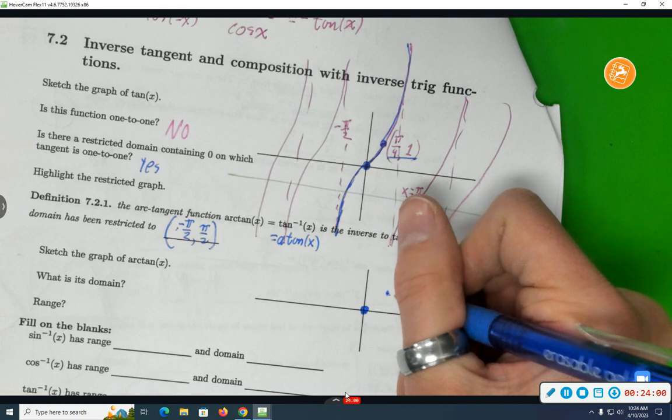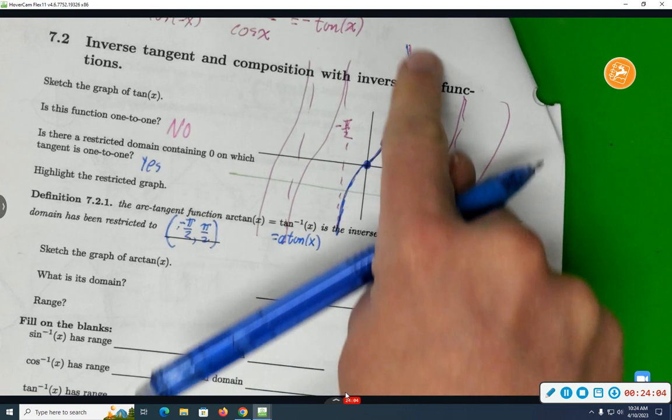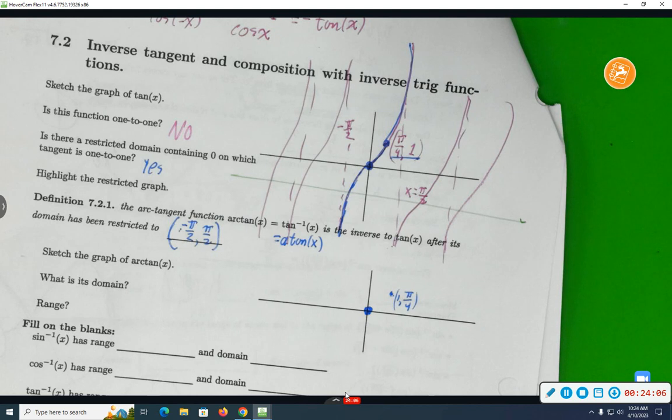Becomes 1, pi over 4. This vertical asymptote says something like pi over 2, infinity, whatever that means, is on the graph. So when you switch the x and y coordinates, infinity, pi over 2 is on the graph. So there's a horizontal asymptote.